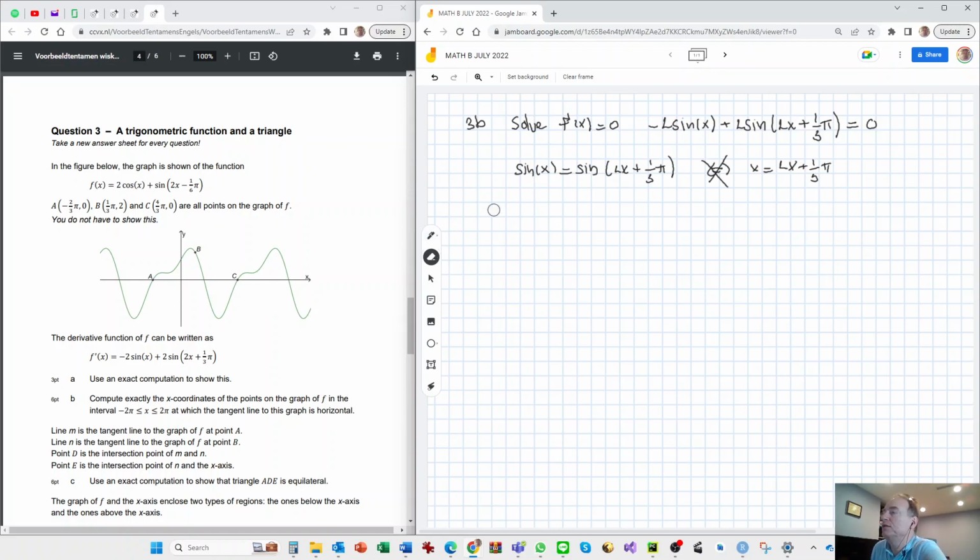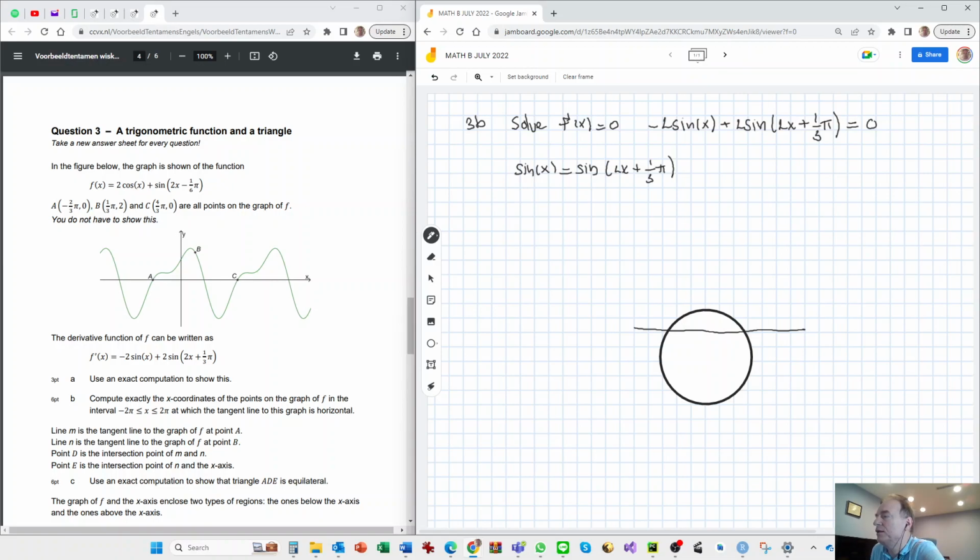And the reason is due to the periodic behavior of these sines. So one thing is, say you look at a unit circle, and I want to set the sine equal to a certain y value.